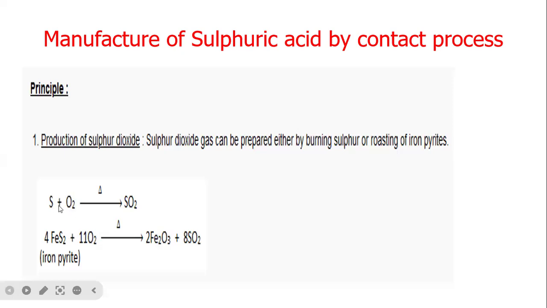In this reaction, sulfur and oxygen react, that is the burning of sulfur into sulfur dioxide, and the burning of iron pyrite produces sulfur dioxide.